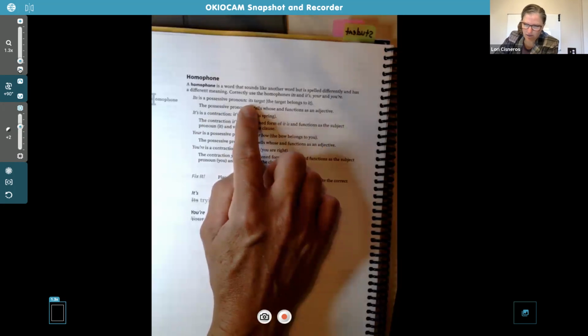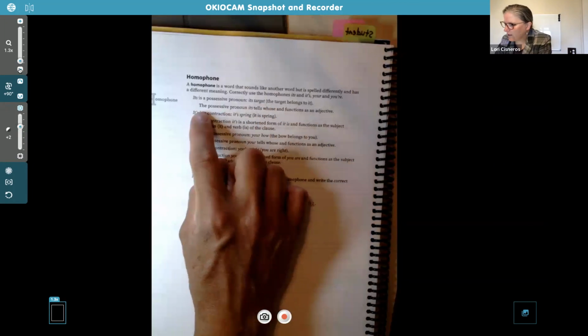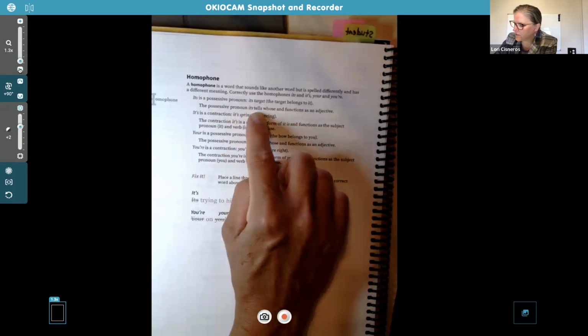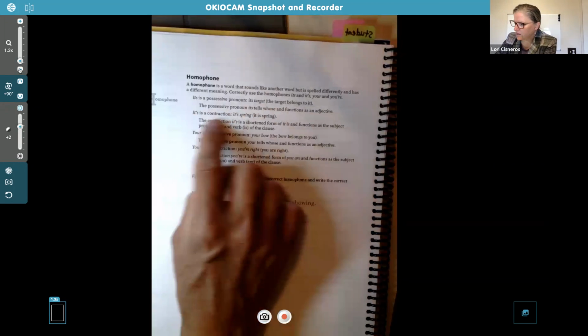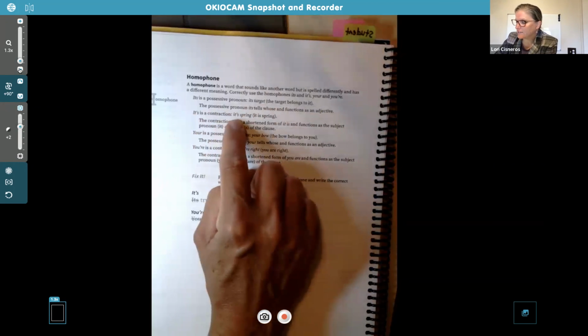It is target, unless you're talking about the store Target. I guess you could use it there, but this is talking about, obviously, a bullseye target. We're talking about Robin Hood. So, okay, the possessive pronoun its tells whose and functions as an adjective. It's is a contraction. It's spring.